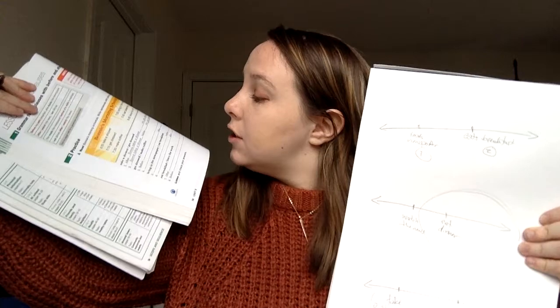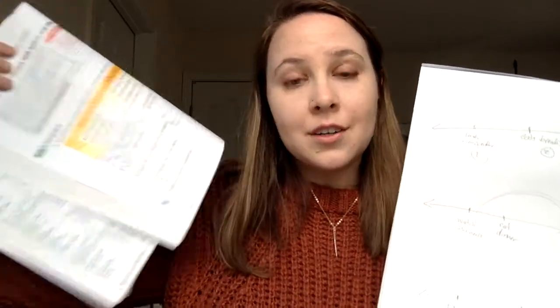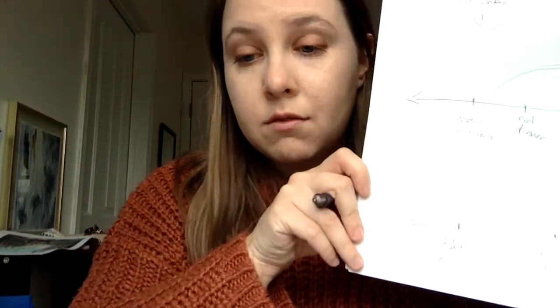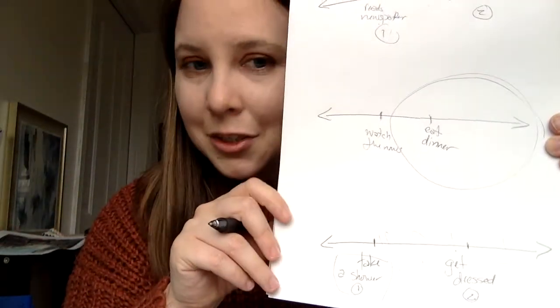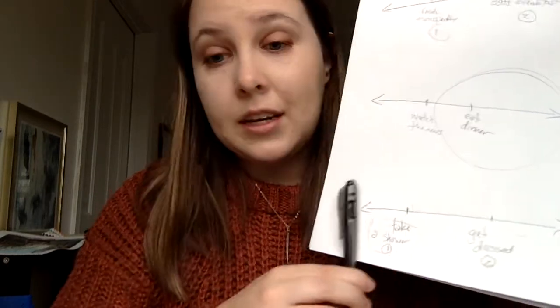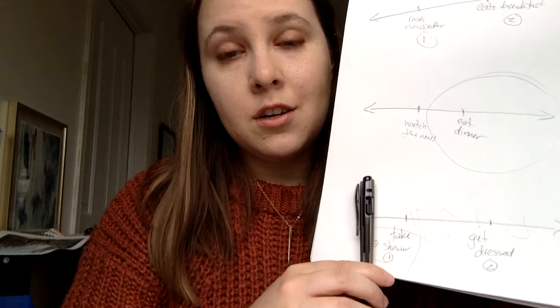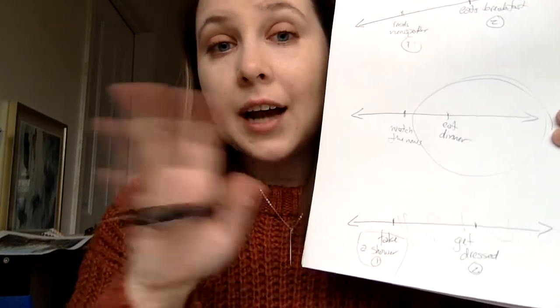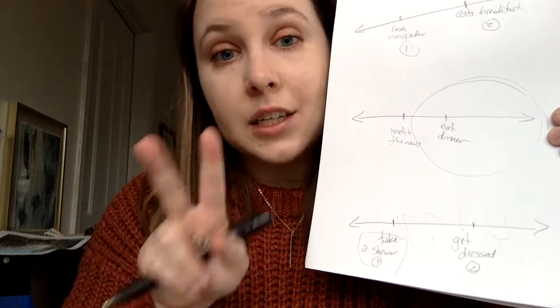Then if we look at the next section, the next section is using before. So just like with after, before means it happens earlier. So because it happens earlier, it's going to get attached to the second event.